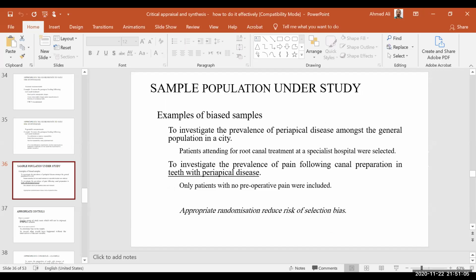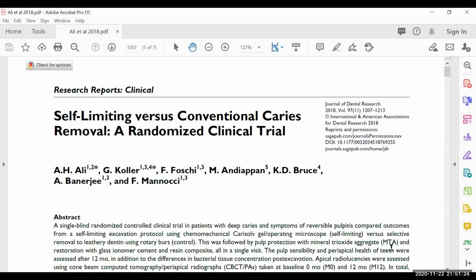Let me share with you another screen, please. So here is my paper in the Journal of Dental Research, which was a randomized controlled clinical trial during my PhD study.